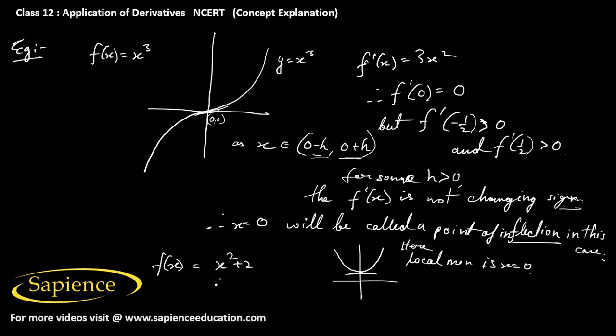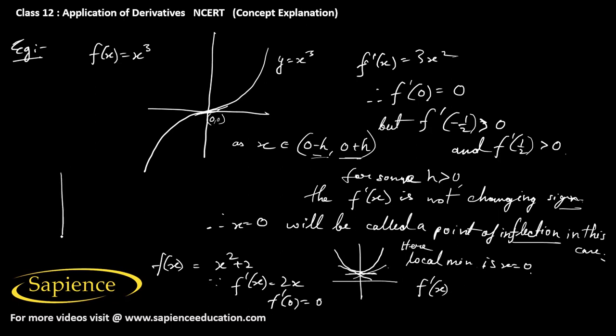Why? Since f dash x is equal to 2x, f dash 0 will become 0. The slope is 0, and f dash x is changing sign from negative to positive.